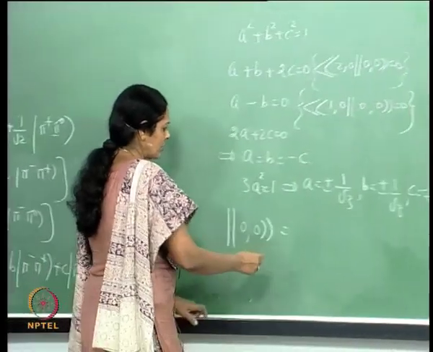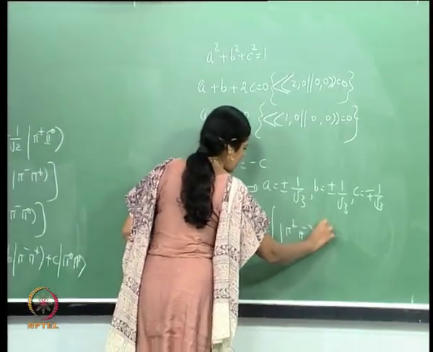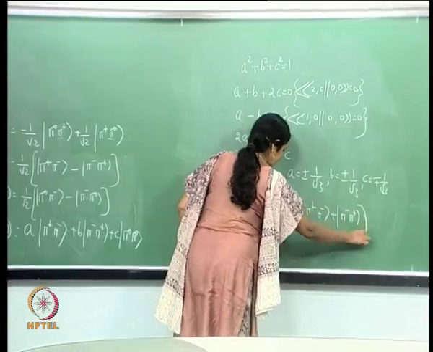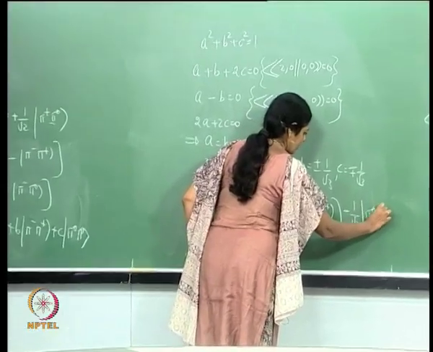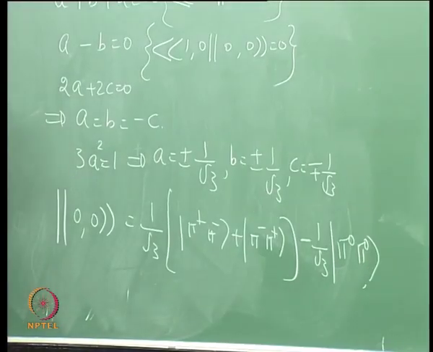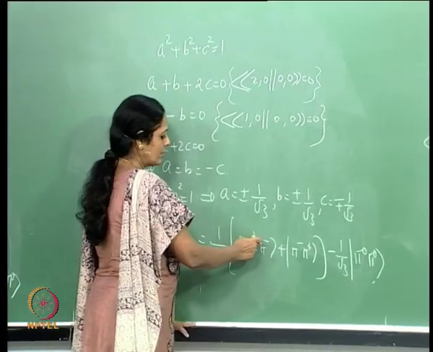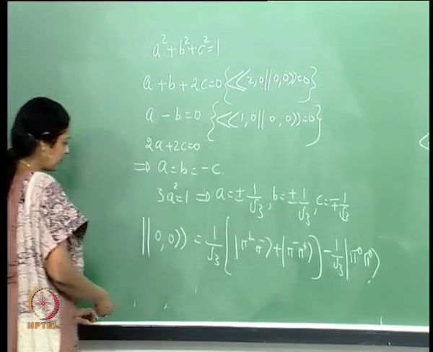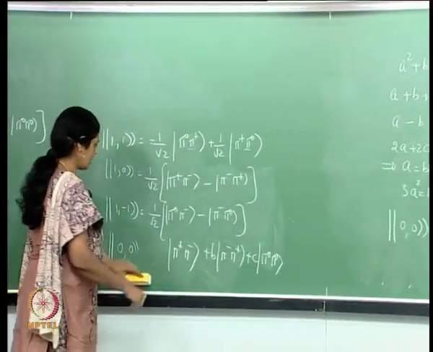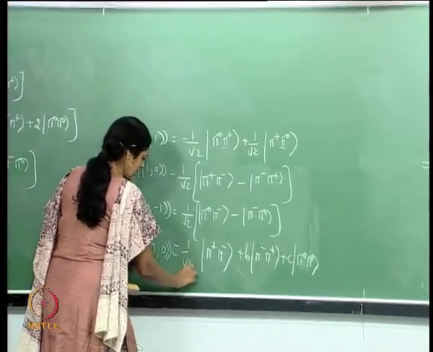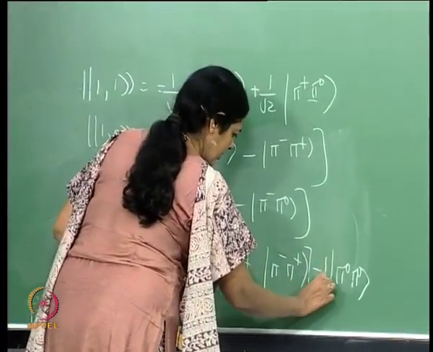So I could choose any of these conventions and I have 1 by root 3 pi plus pi minus plus pi minus pi plus minus 1 by root 3 pi naught. This is again a symmetric state, symmetric under interchange of the third component of isospin term by term. So this is 0 comma 0.